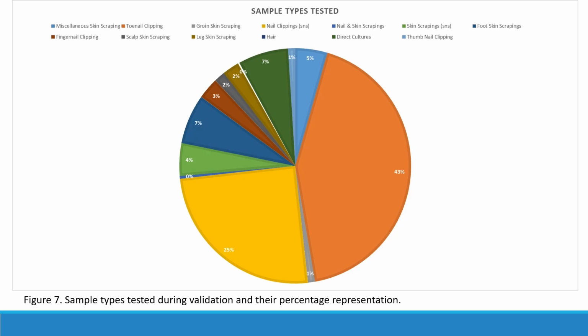Roughly 25% of samples were skin in nature, with most of them being either leg, groin, or foot scrapings. And then we had about 2.5% that were hair or scalp samples. I've just pulled those two types of samples together as a lot of the scalp samples had contained hair within the sample inoculum.